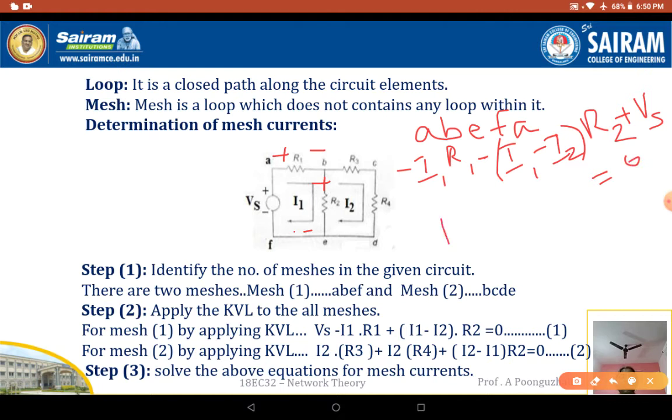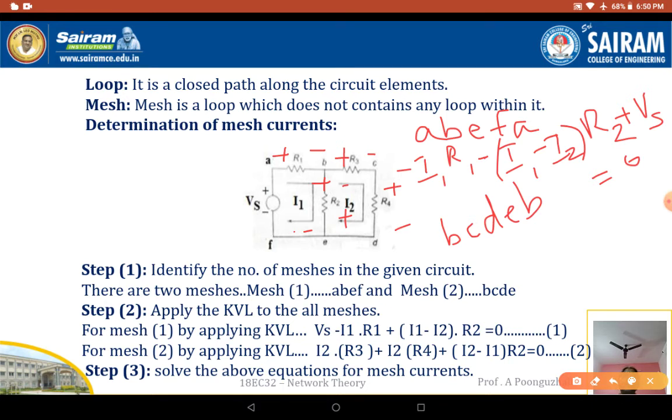The next loop equation is B, C, D, E, B. Starting from here, B, C, D, E, B, the current is flowing in this direction. We can assume the current direction to be either way. For this loop the current goes like this, so this is plus and this is minus.